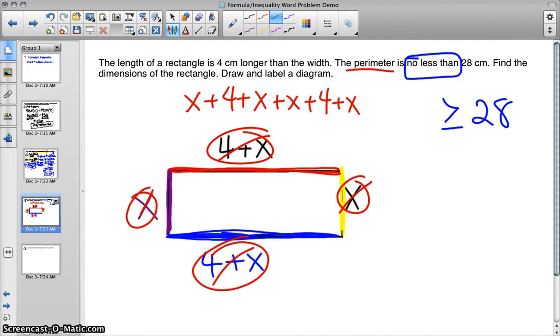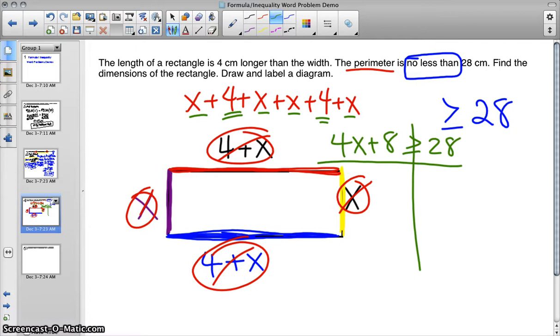So we got 4 x's. So 4x plus 8 greater than or equal to 28. Subtract 8. 4x is greater than or equal to 20. Divide by 4. Actually, I take that back, my bad.